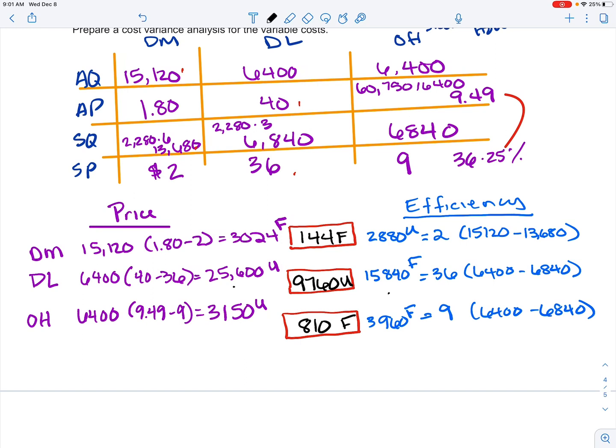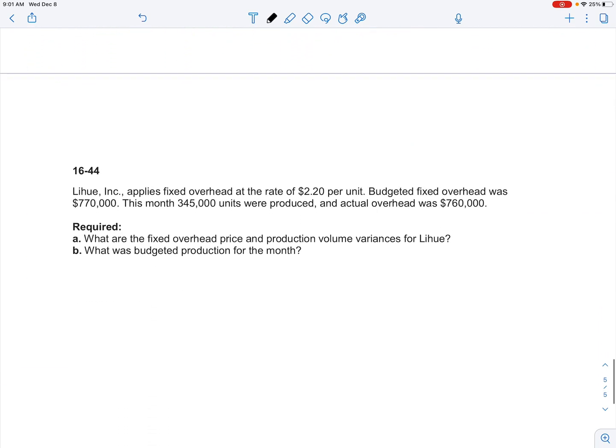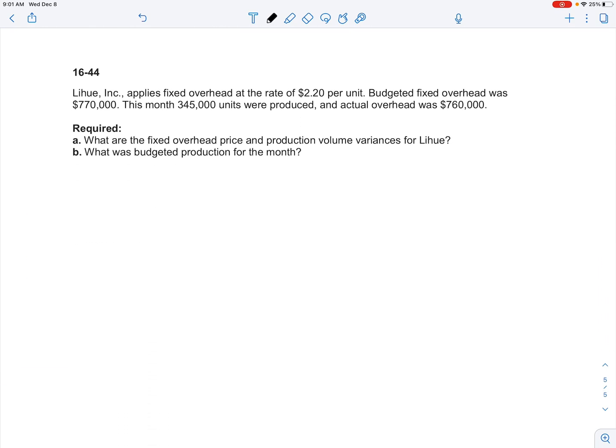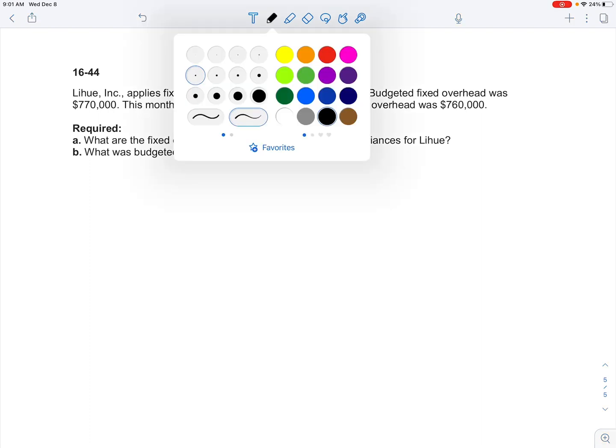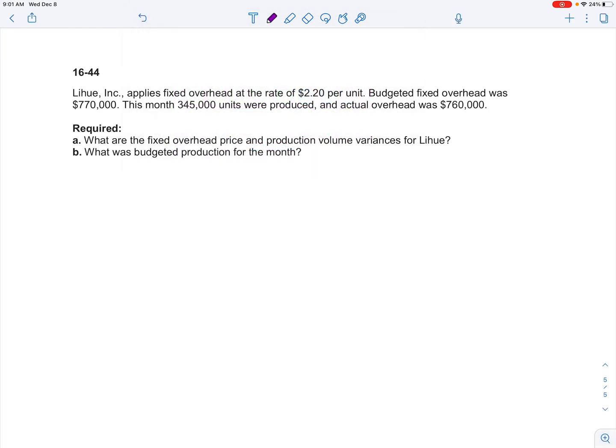Let's just go ahead and do one more, an easier one that we can get through looking at our overhead variances. In our overhead rates, again, the hardest part is reading through this, pulling out that information you need. We're going to look at our price variance.